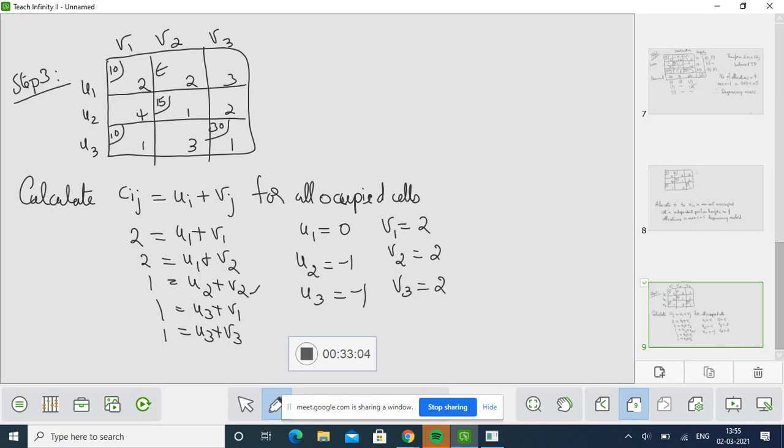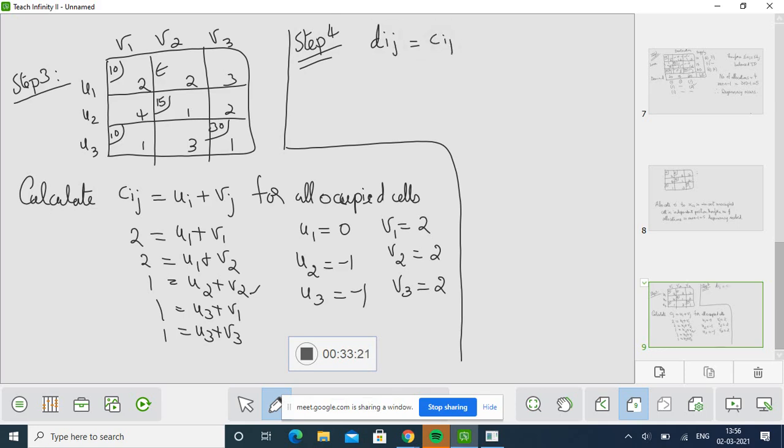Once we are done with this, what should we do next? We must find step 4, Dij. How to find Dij? Step 4, we will write in this place itself. I have to find Dij equal to Cij minus Ui plus Vj for all unoccupied cells. Occupied is done, next is all unoccupied cells.